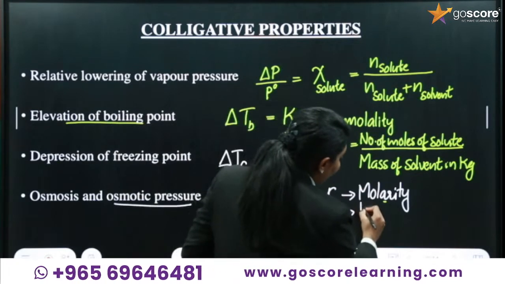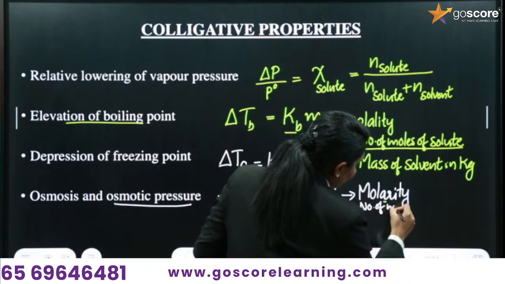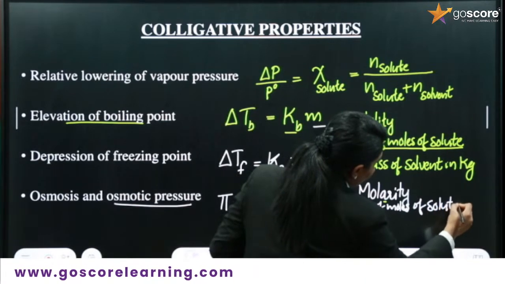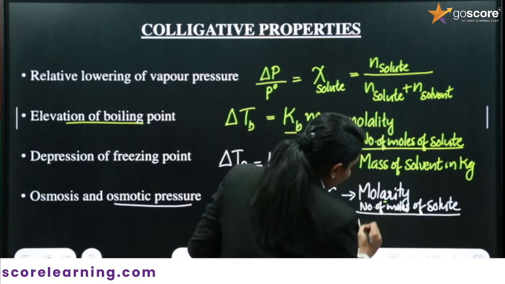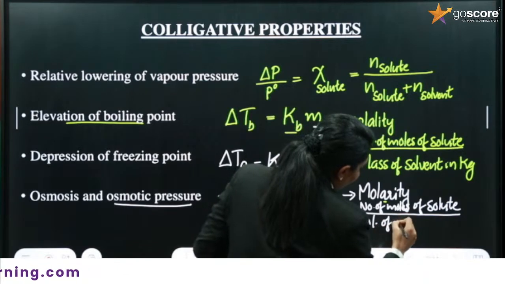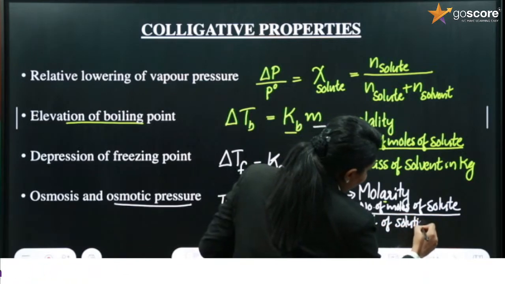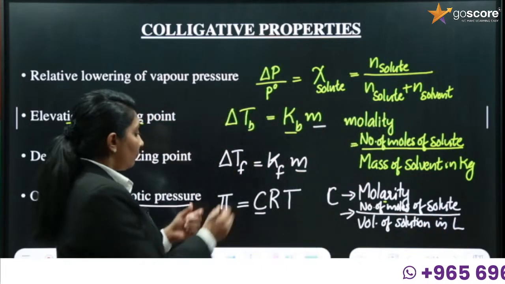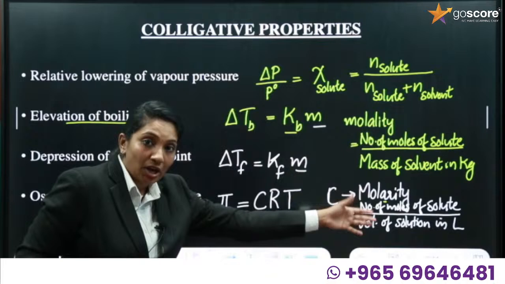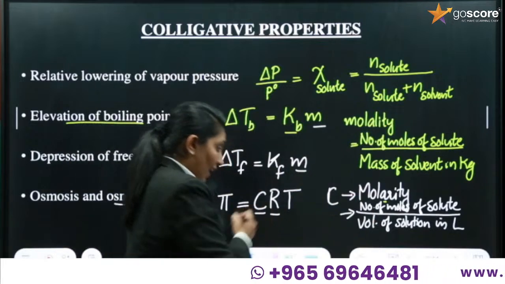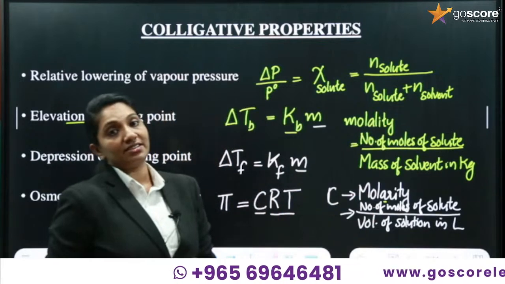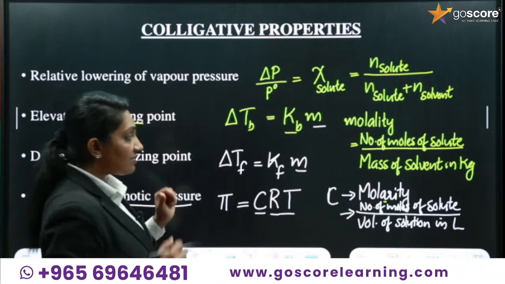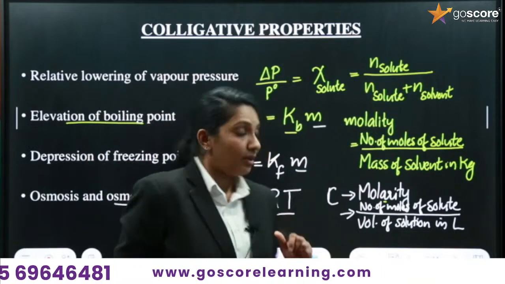Molarity is number of moles of solute divided by volume of solution in liter, right? So here C is the molarity, R is the gas constant and T is the temperature in Kelvin. Okay, so these are the expressions that we learned in the previous part.